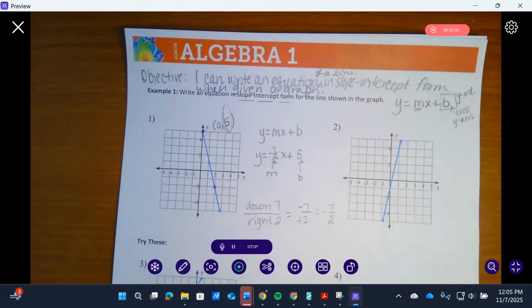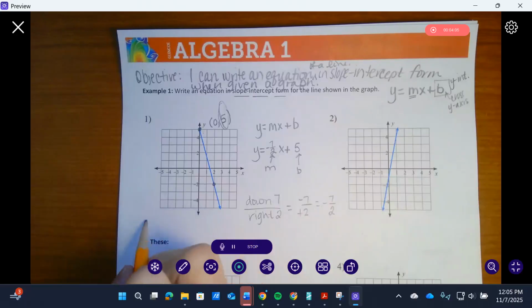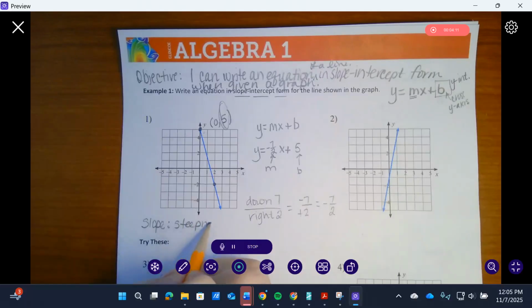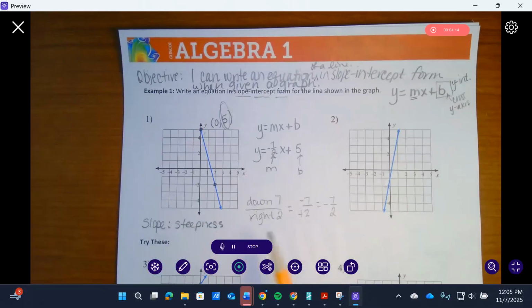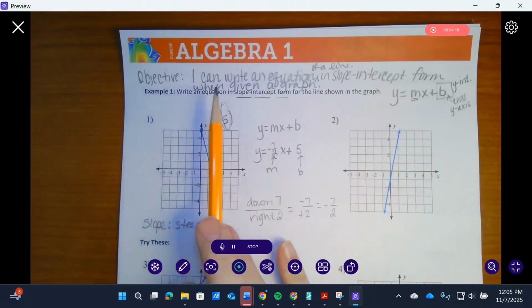If you need a little bit of a review on slope and how to calculate slope, that is a separate lesson. But this is maybe just a little bit of a refresher for you. I will remind you that when we're calculating slope, we're calculating a measure of steepness. How steep is my line? You can tell as I move left to right across this page, my line is going down.